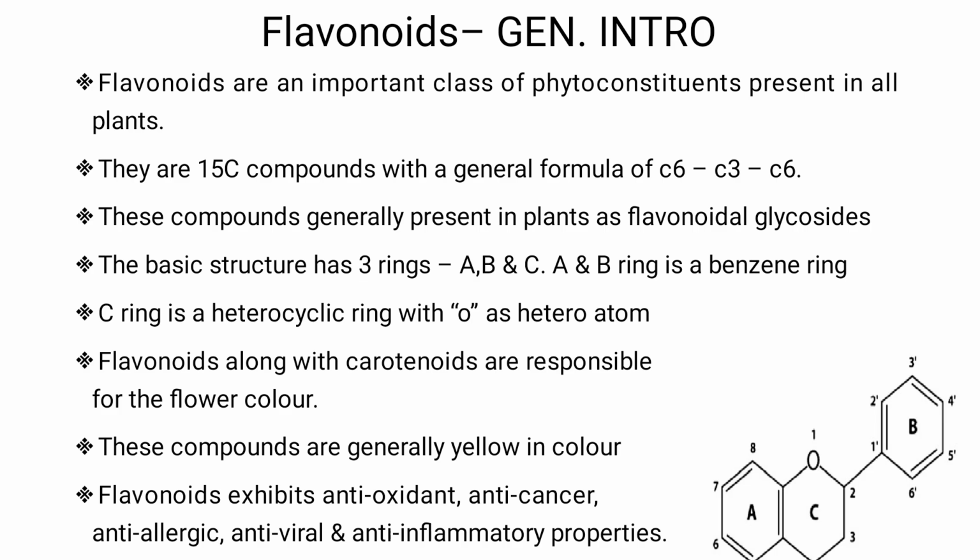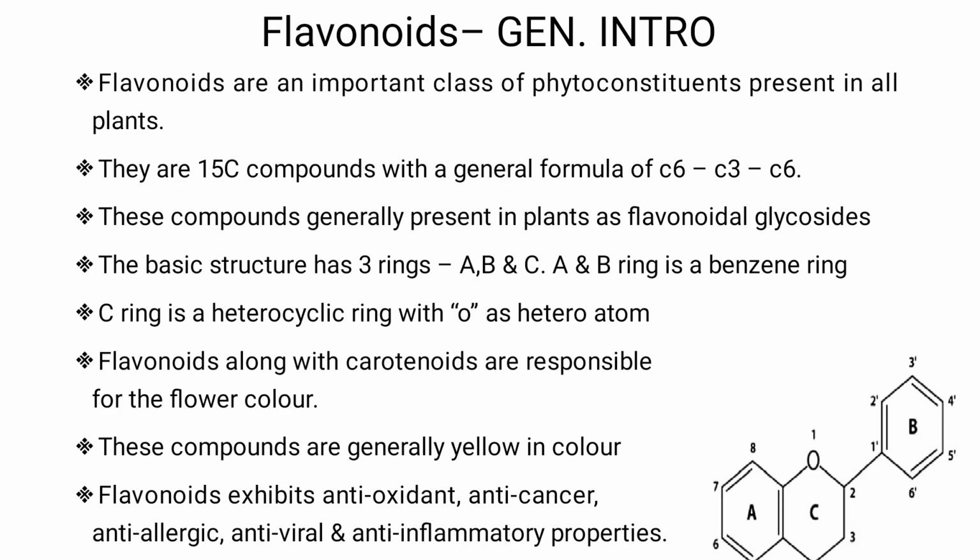Right. So the flavonoids along with carotenoids are responsible for the flower color. So we may see a lot of flowers possessing different colors starting from white to various color combinations, right? So the color of these flowers are due to these flavonoids and carotenoids.